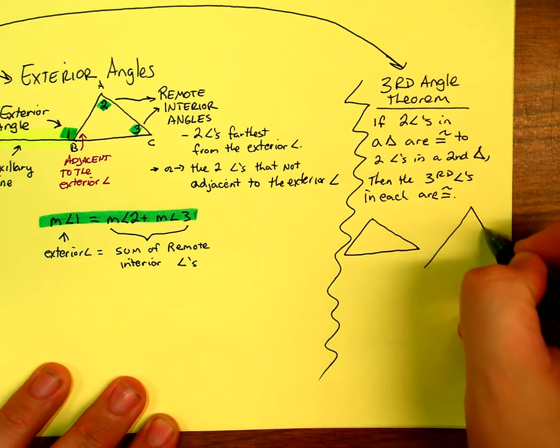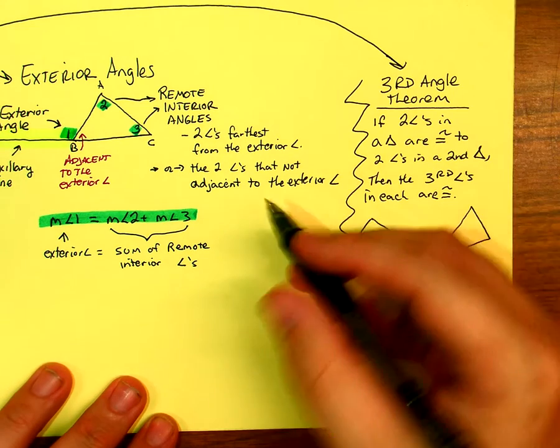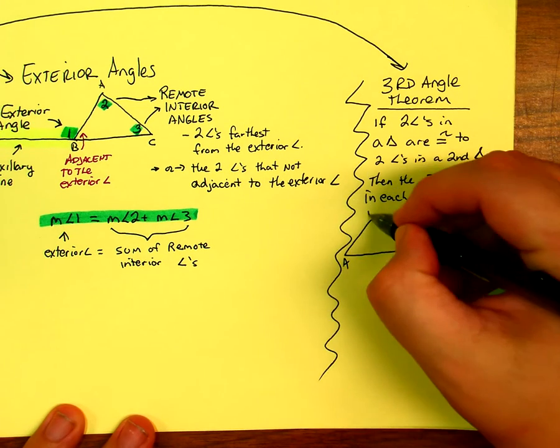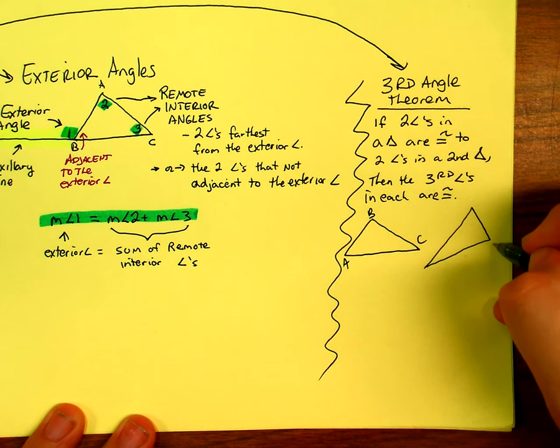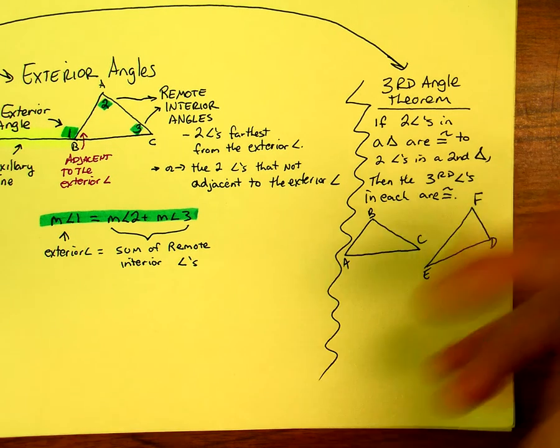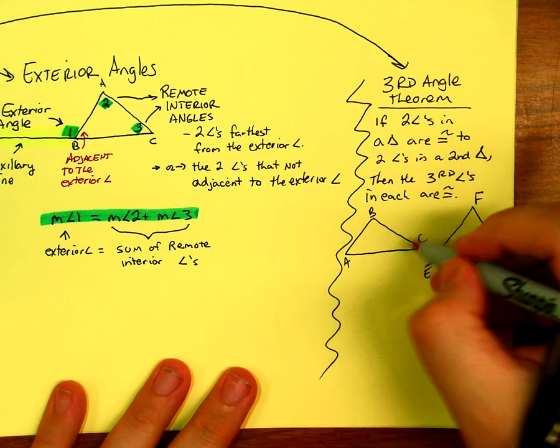So if that's A, B, C, and that's D, E, and F, and I know that these two angles are congruent and these two angles are congruent.